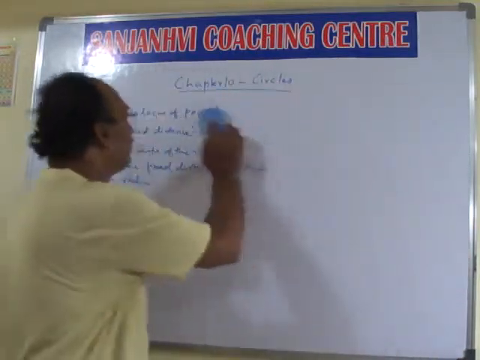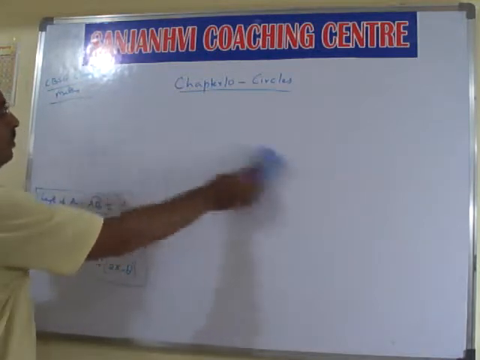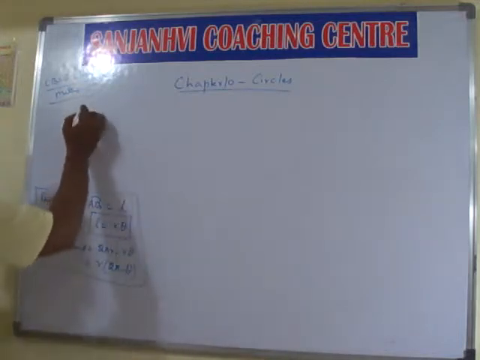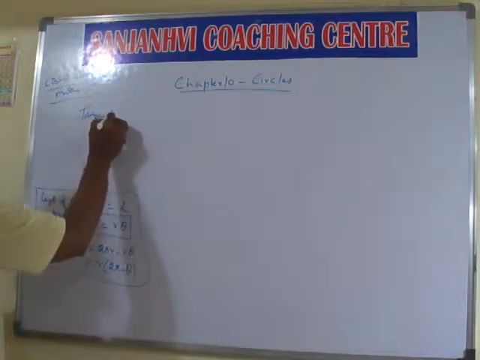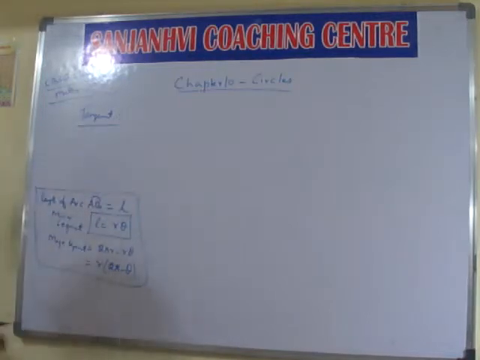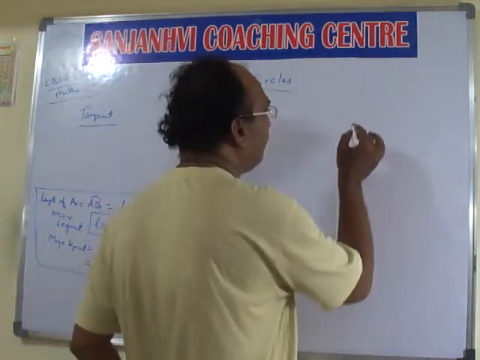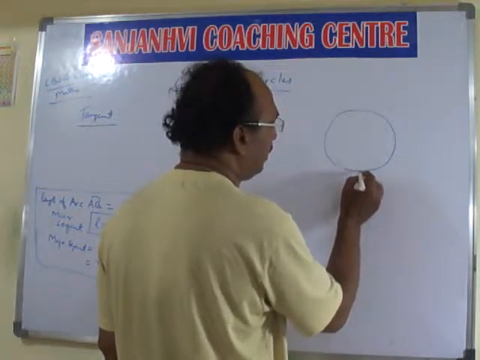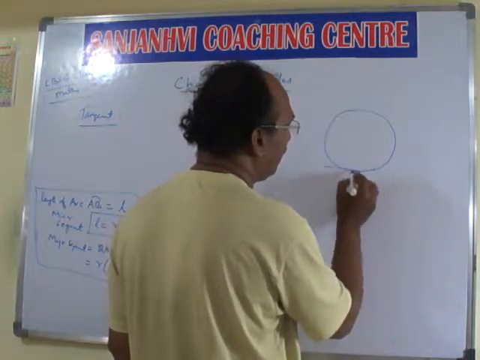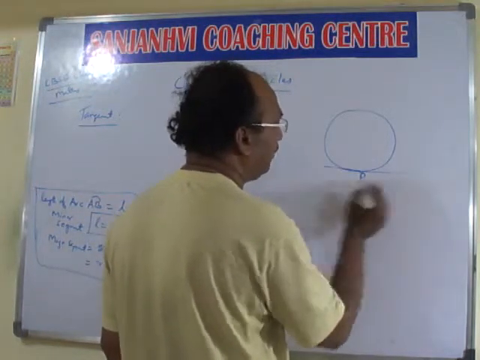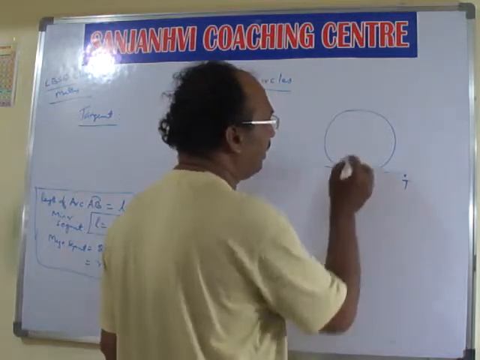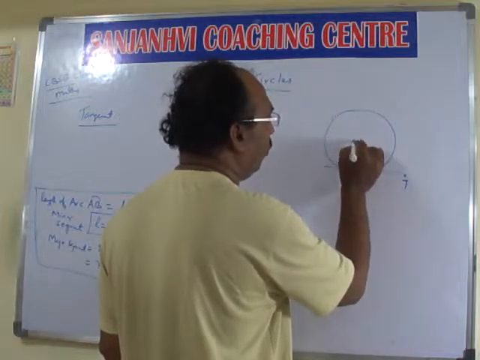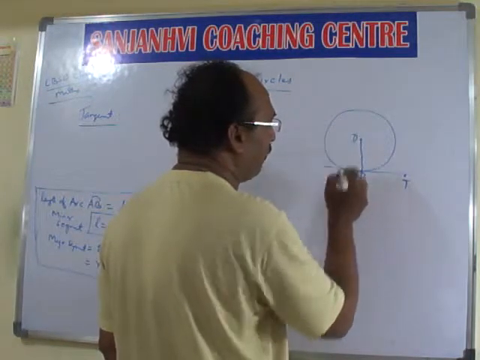So let us discuss tangent now in detail. Suppose at any point P, and this is T, and this is the center O. You are joining the point of contact here.